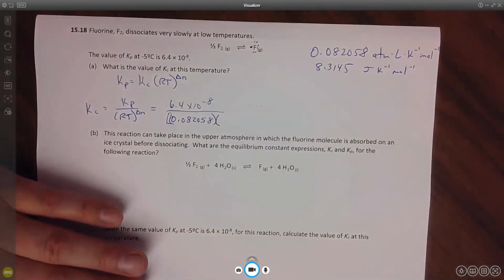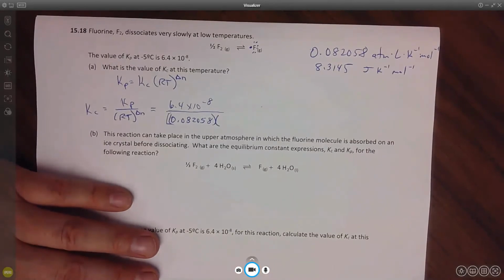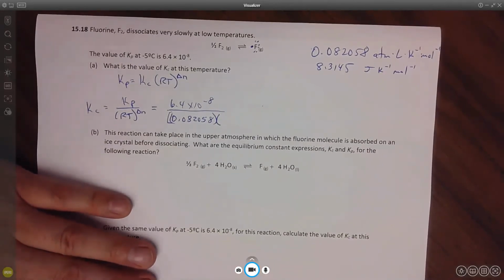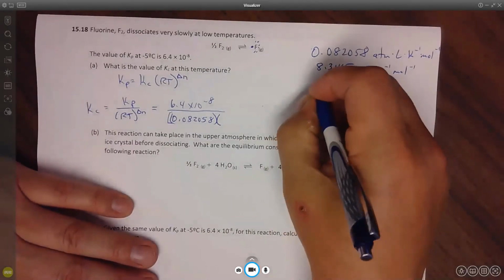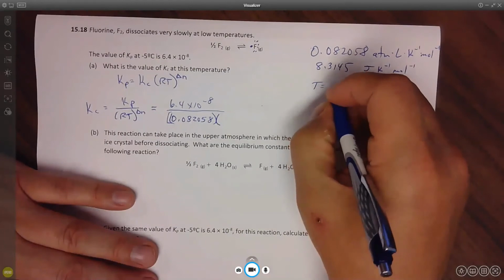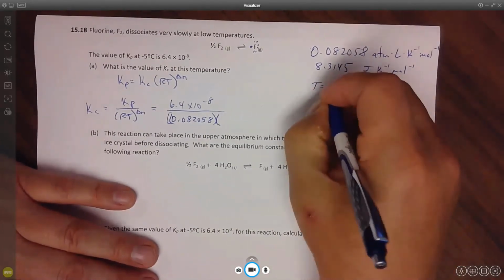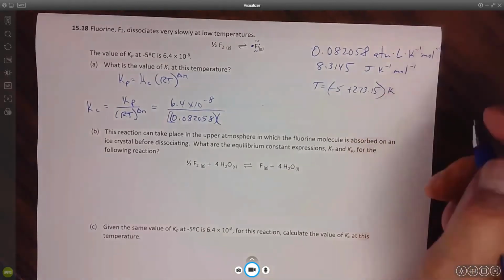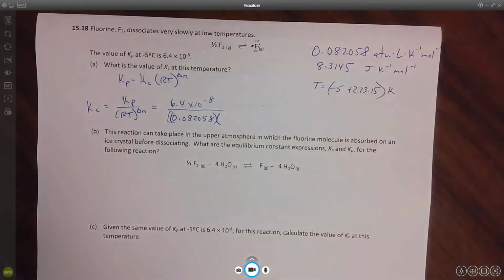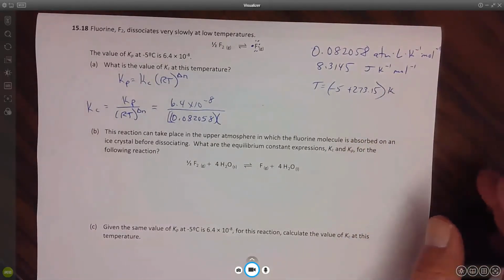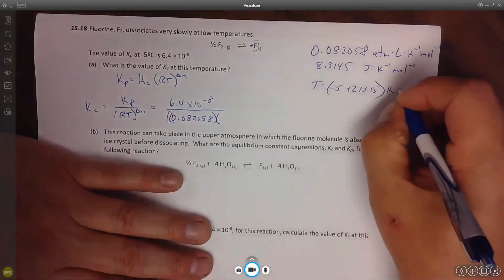What's the temperature then? What is -5 plus 273.15? Exactly right. So the temperature has to be in the absolute scale. So it's going to be -5 plus 273.15, which is going to give us Kelvin. And so that is going to give us a value of 268.15.